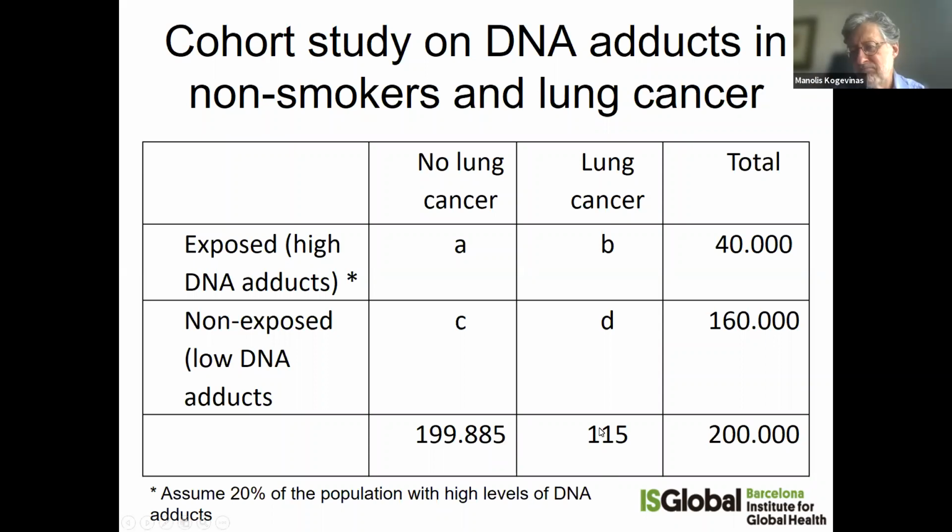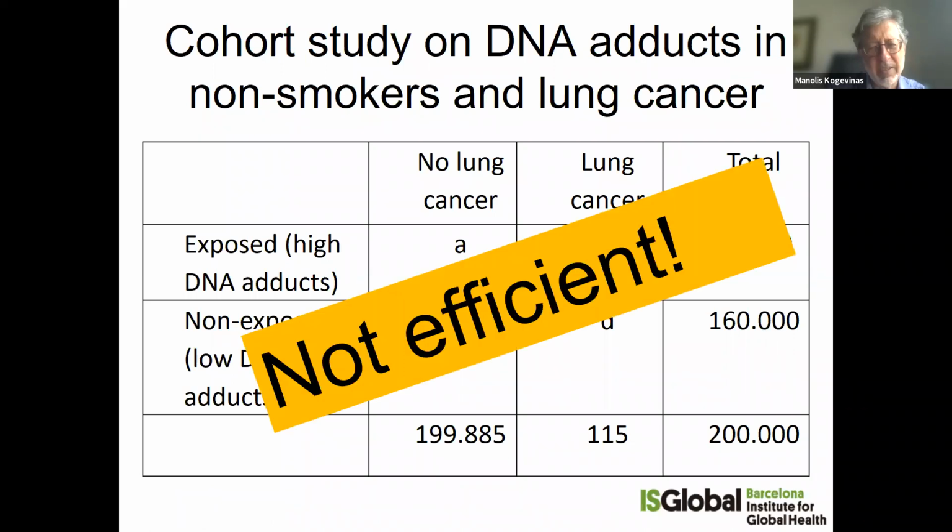They would do it on the 115, and then on the other 199,885, and compare, and say it would come out like that, the marginals. 115 cases and 199,000 controls, and doing a laborious test on everybody, it's not efficient at all. You really don't need so many controls. You need all your cases, sure, but why would you do a very costly test on 199,000 controls?